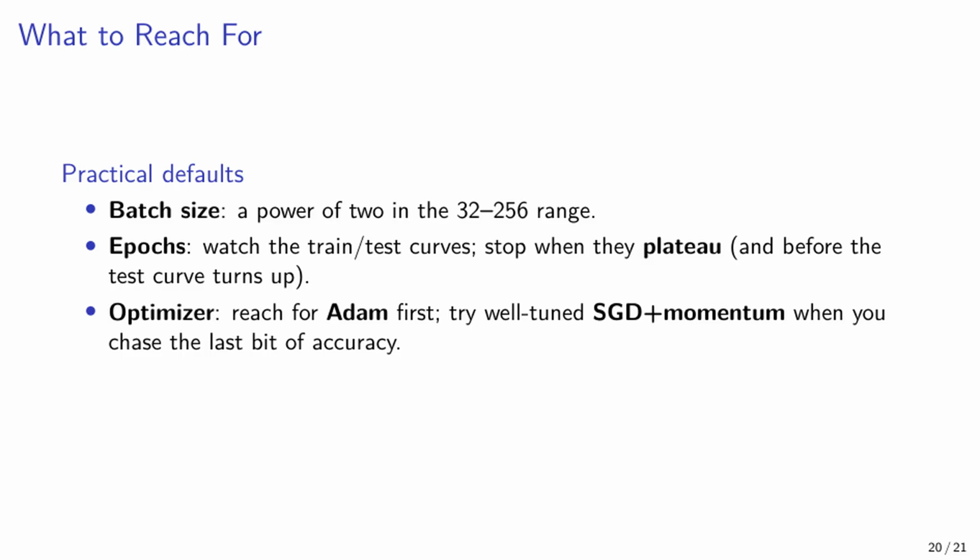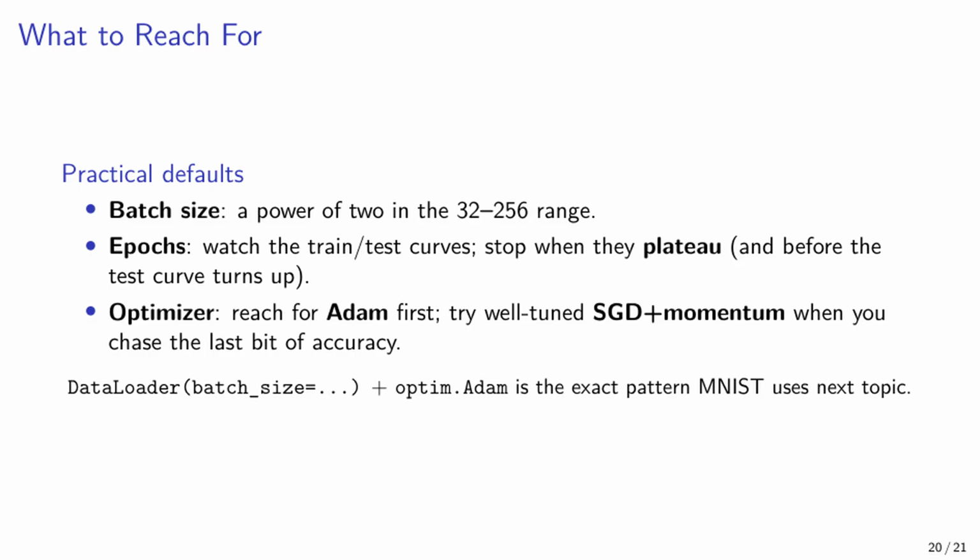Optimizer: reach for Adam first, and try well-tuned SGD with momentum when you are chasing the last bit of accuracy. That combination, a data loader with a batch size plus optim.Adam, is the exact pattern MNIST uses in the next topic.